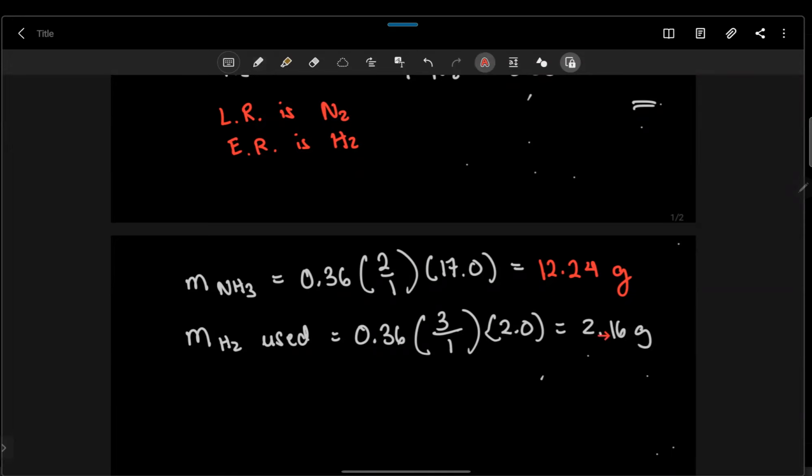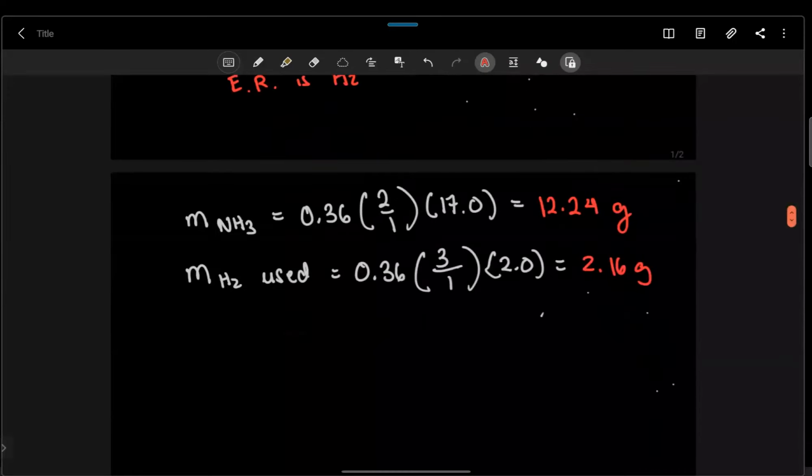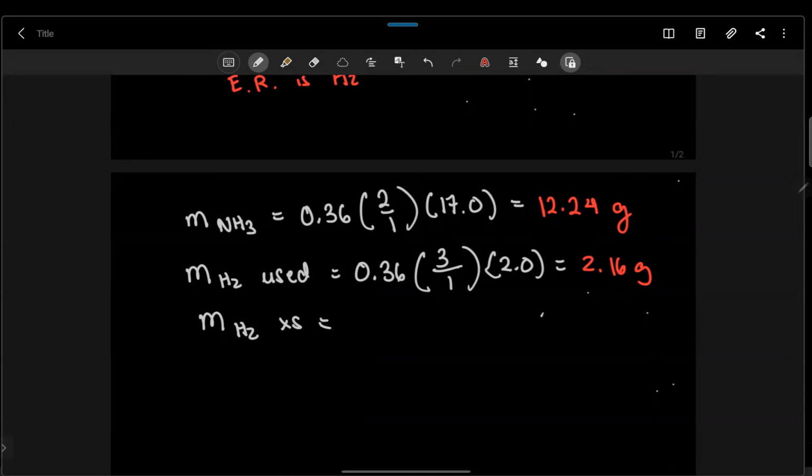Okay? Now, yan yung nagamit lang na hydrogen. So 10 grams yung pinasok, 2.16 grams lang daw yung nagamit. So ilan yung sobra? Let's try to calculate kung gaano kadami yung sobra. So ito yung mass hydrogen excess. I'll use the symbol XS, which means excess.